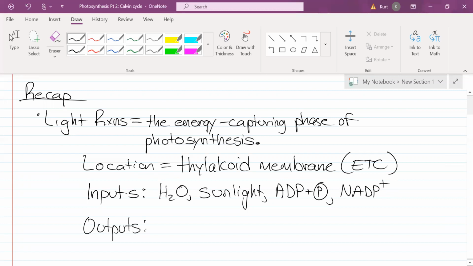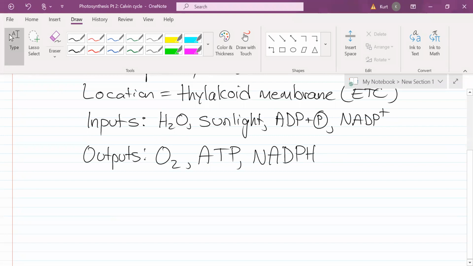The outputs are going to be oxygen, adenosine triphosphate, ATP, and NADPH.